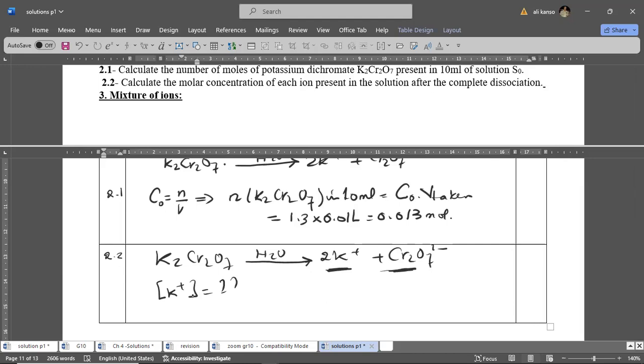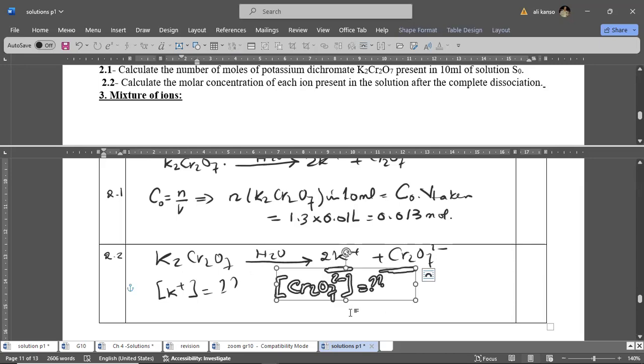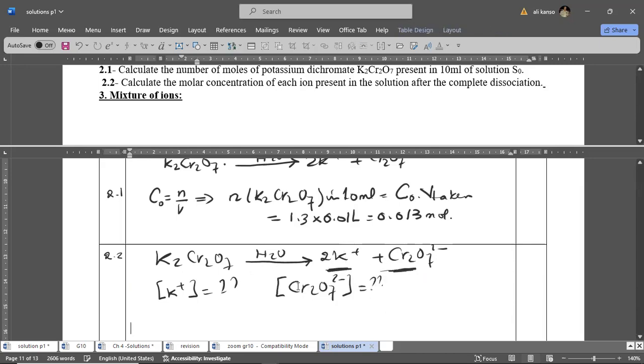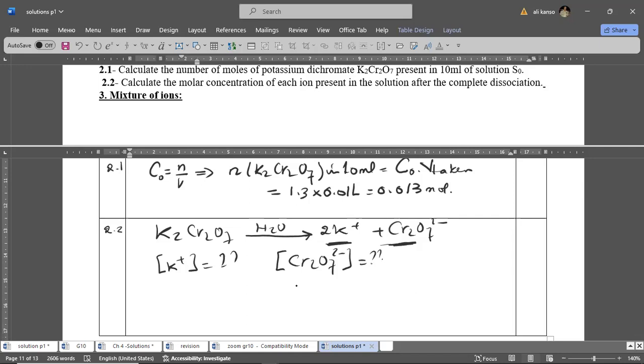And Cr2O7 2-, how to calculate its concentration? There are two ways to calculate the concentration. First of all, write a relation between the formula unit and the compound, the cation or anion.